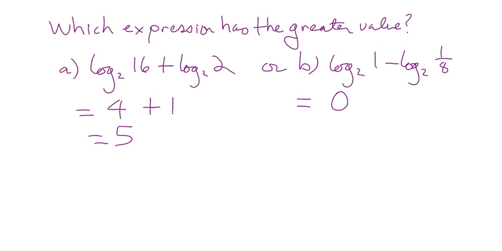Okay, remember we looked at the graph, right? What did we say? The graph had one x-intercept at 1. And that means that when the x value is 1, the y value is 0, right? Because the exponent that you raise any base to in order to get the value 1 is 0.